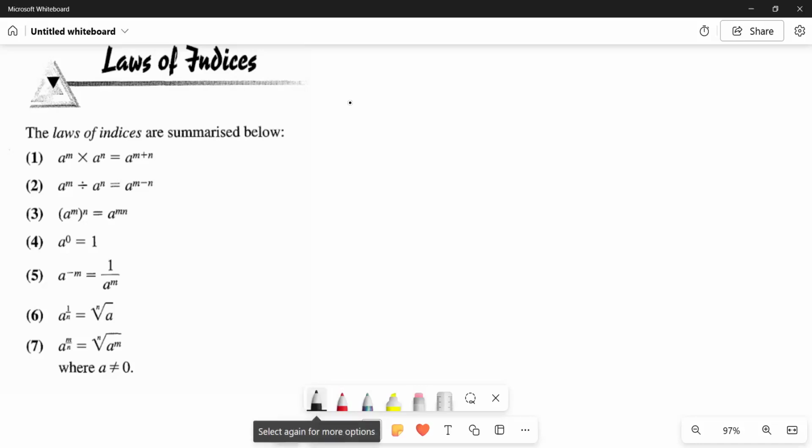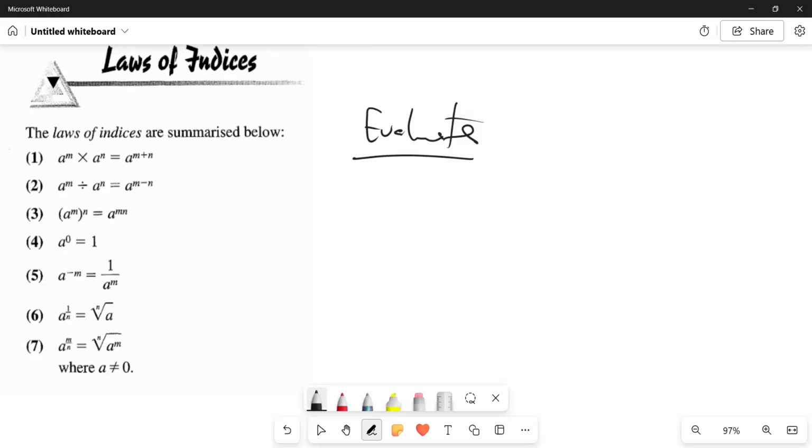Let's say you have to evaluate 2 to the minus 1/3. What's that? Under this law here, it equals 1 over 2 to the third power, which is 1 over 8, right? Simple enough.